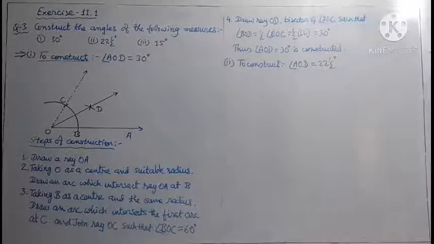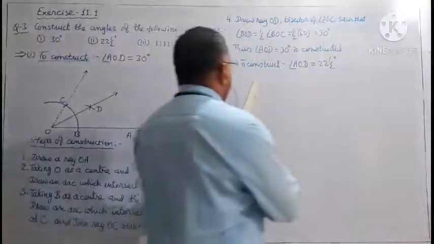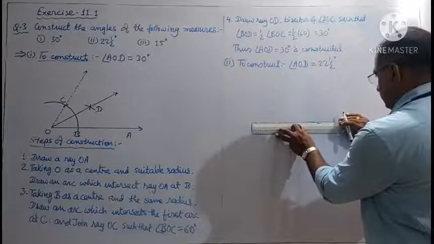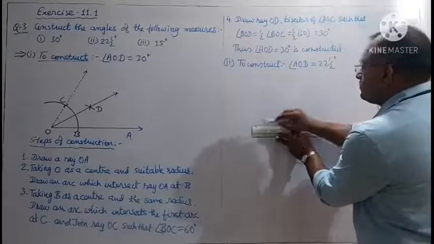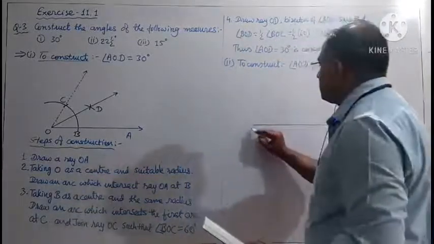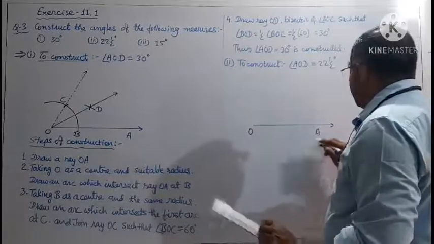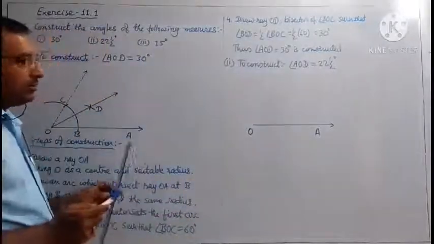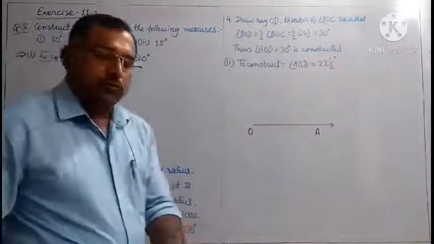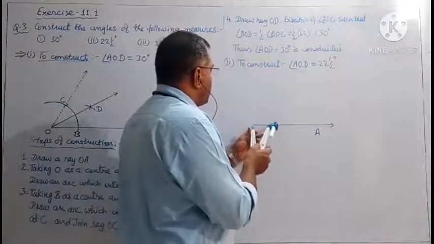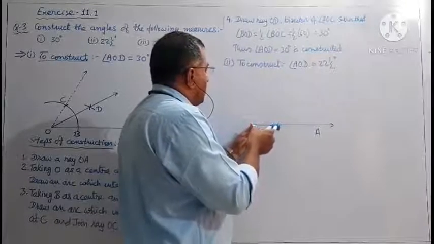So draw ray OA. Here it is OA. After this, first thing is we have to draw angle AOB is equal to 90 degree. So to construct 90 degree, we have seen already earlier. So what shall we do? Taking this point as a center, we have to draw the arc.